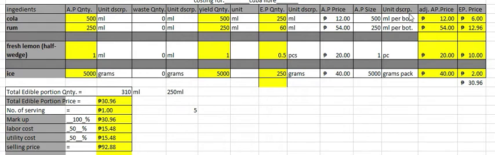You need to indicate if it is purchased by bottle, by piece, or by grams. For this ice, you purchase 5 kilos, 5,000 grams per pack, so you cannot purchase below 5 kilos, right?